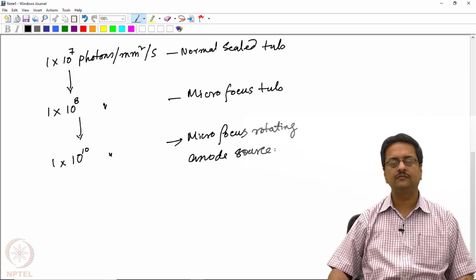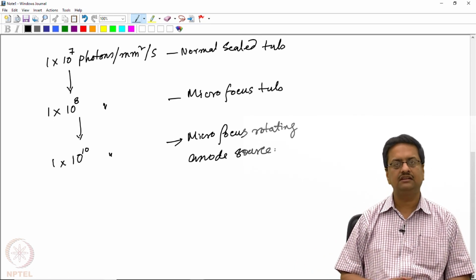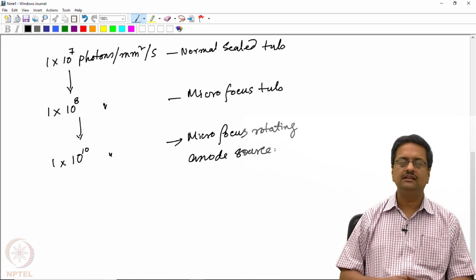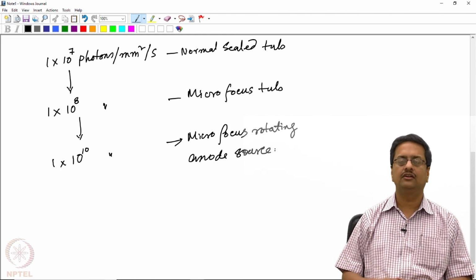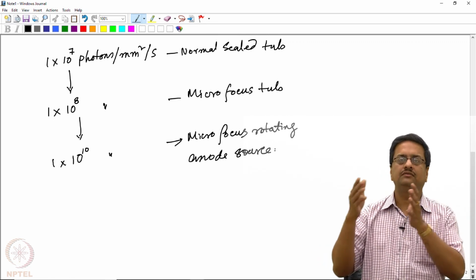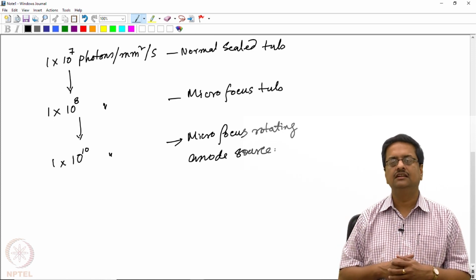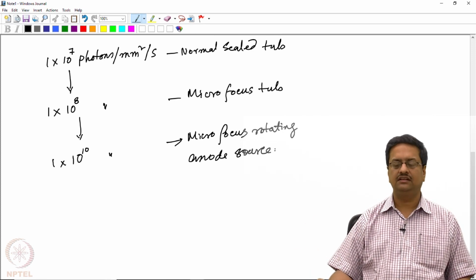So, if you take the same crystal and collect the data in different diffractometers having different sources, the diffracted intensities will be enormously different because the source intensity itself is different, and what we are recording is a diffracted intensity, source intensity being much larger, the diffracted intensity will be much larger.